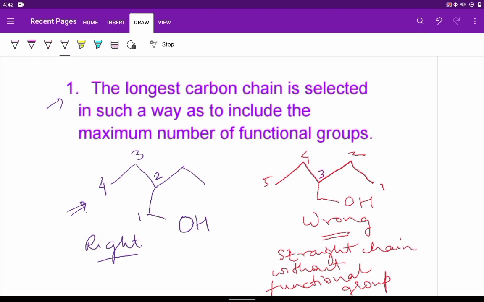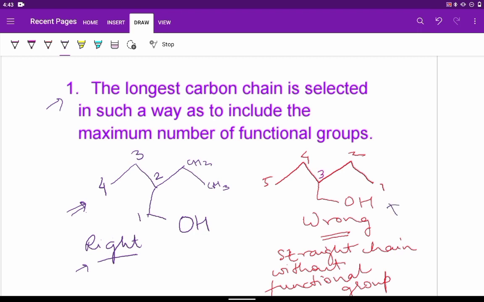I am saying that this numbering is right because here the OH group is joined to carbon number 1 and the CH2 CH3 group is joined to carbon number 2. So there are two substituents, one is the alkyl group, CH2 CH3, and also OH.